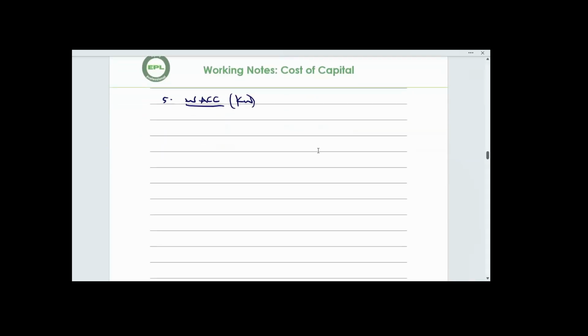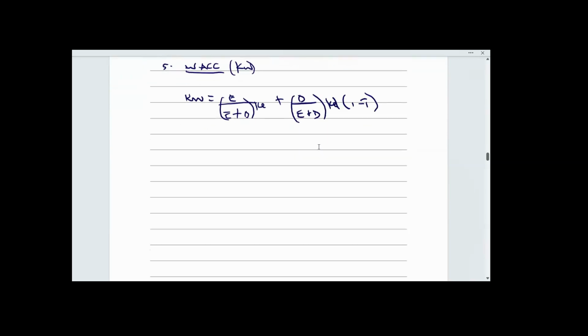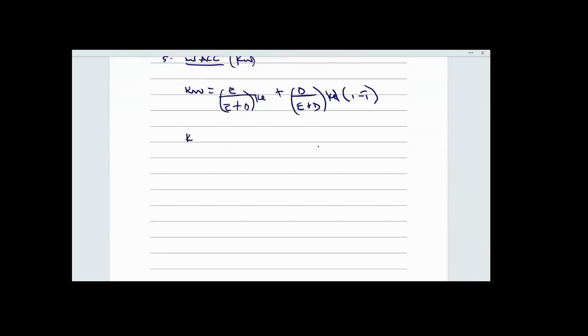Okay. So still the same formula for WACC. Equity value over equity plus debt, multiplied by cost of equity, plus debt value over equity plus debt, multiplied by after tax cost of debt. So the WACC equity value is 33,920.